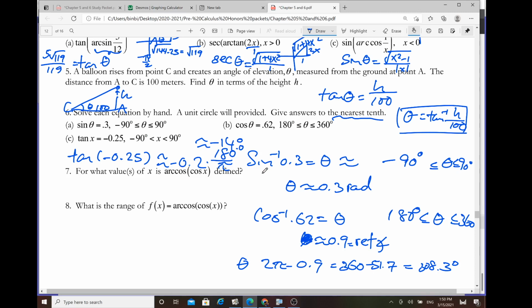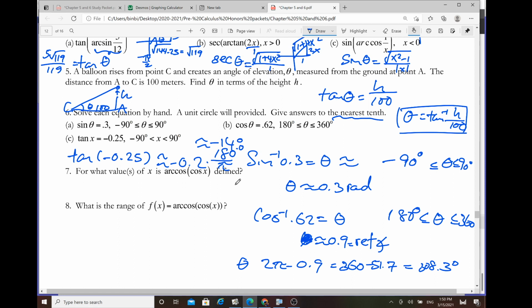Alright, so now what about the rest of this? For what values of x is cosine of x defined? Okay, so in order to have that defined, we do know that the range of cosine of x is right between negative 1 and 1.